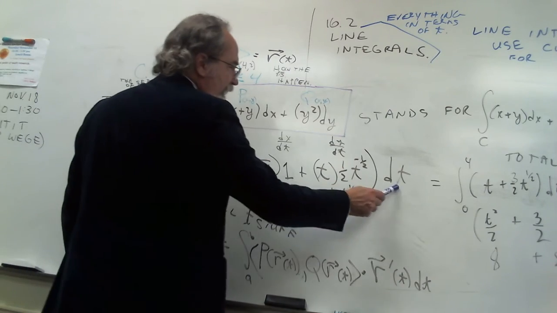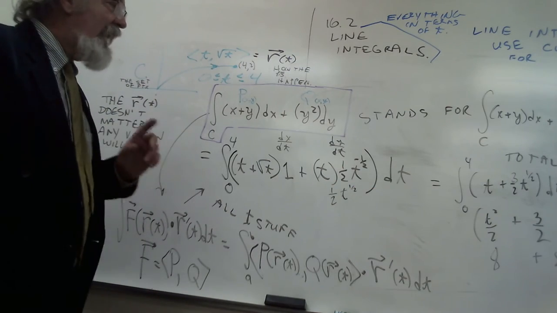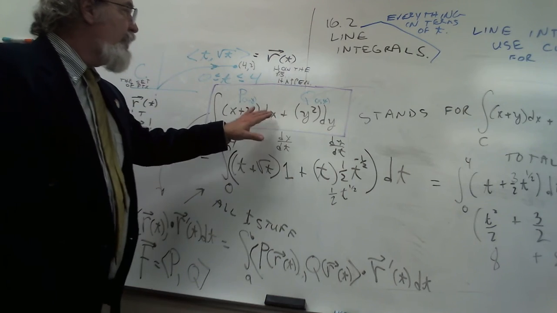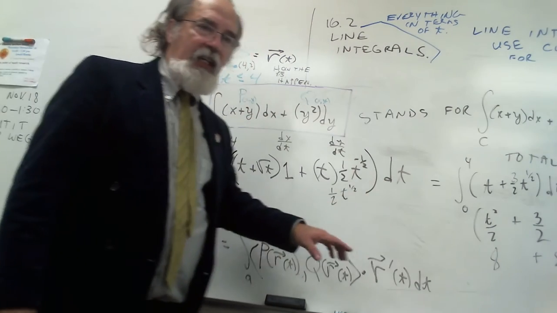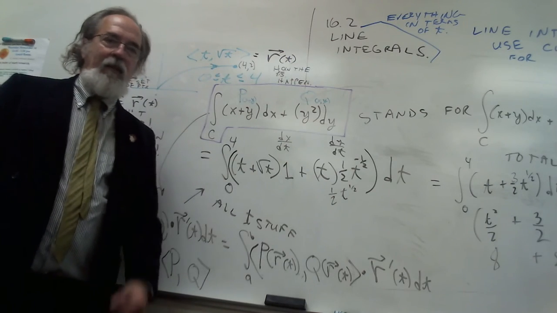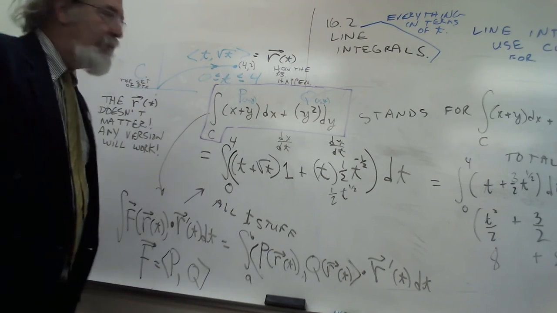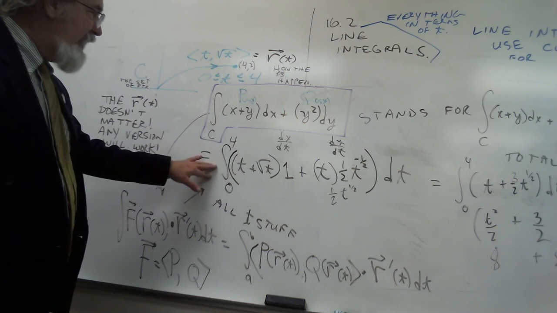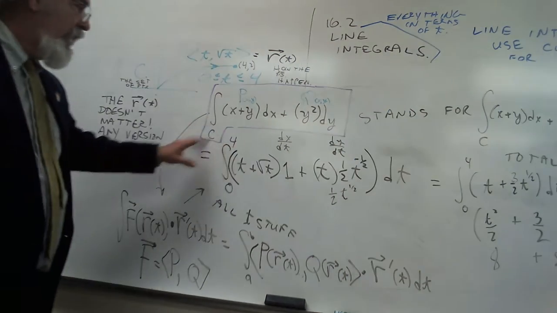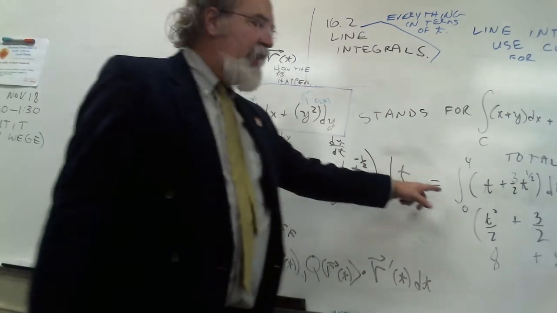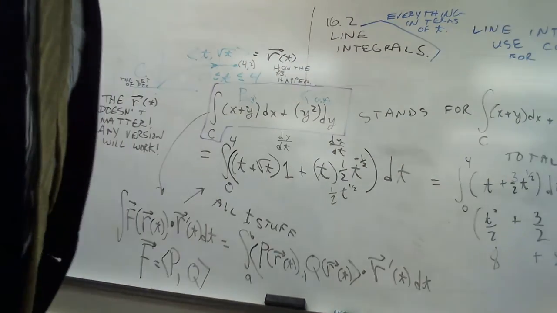And then you throw a dt on the end of the whole thing, because this dx stood for dx dt, and dx dt times dt is the same as regular dx by the chain rule. So this is everything substituted in. And look, it's all t stuff. When you rewrite it over there, you recognize this.